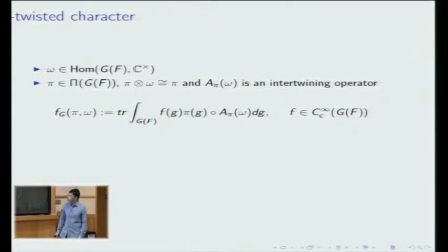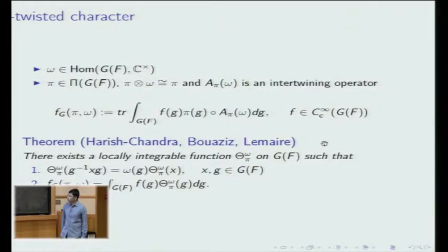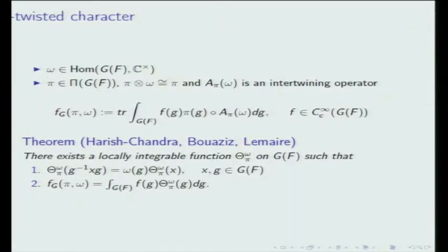This gives you a distribution on smooth compactly supported functions, and we call such a distribution a twisted character. And this character can be represented by a locally integrable function. This is a theorem. And this function will be conjugation invariant up to a twist by omega.